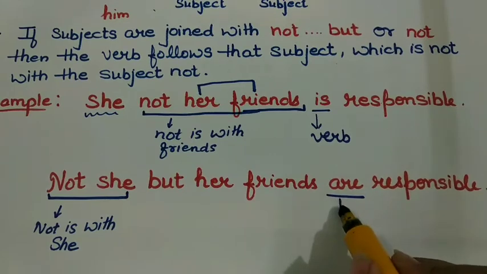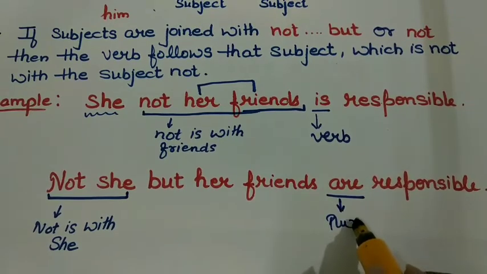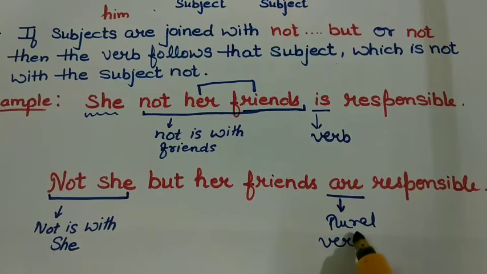So I have used are, that is a plural verb. Means you have to take care which subject has not with it and which does not, and you have to use the verb according to the subject which does not have the word not.